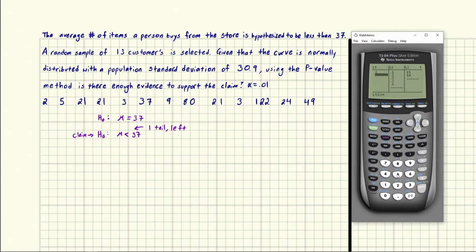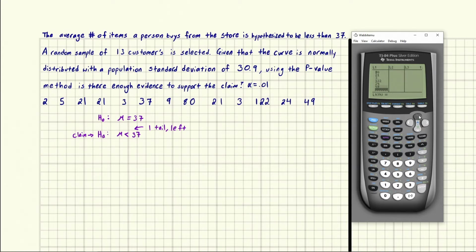So we've got 2, 5, 21, 21, 3, 37, 9, 80, 21, 3, 122, 24, and 49.